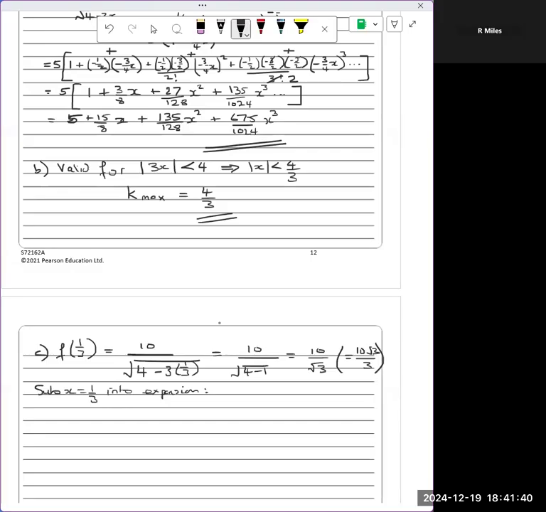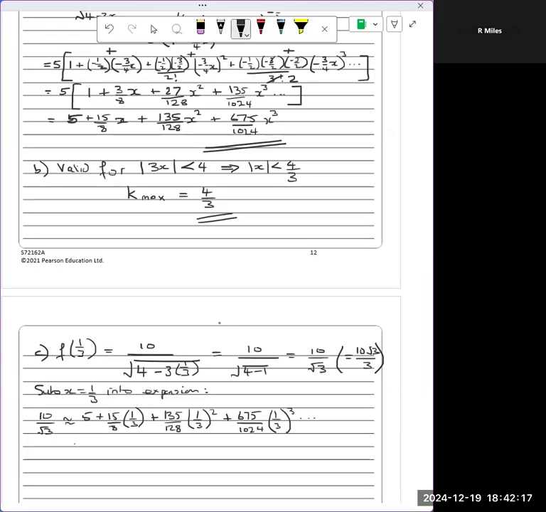So 10 over 1 over root 3 is approximately 5 plus 15 over 8 times a third plus 135 over 128 times 1/3 squared plus 675 over 1024 times 1/3 cubed.